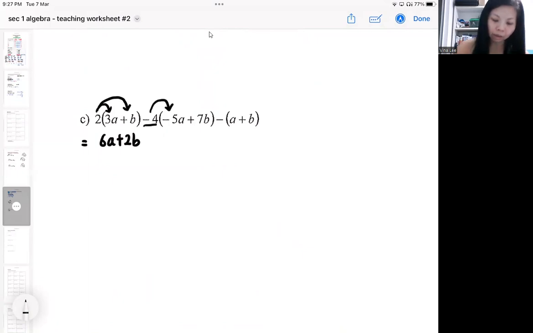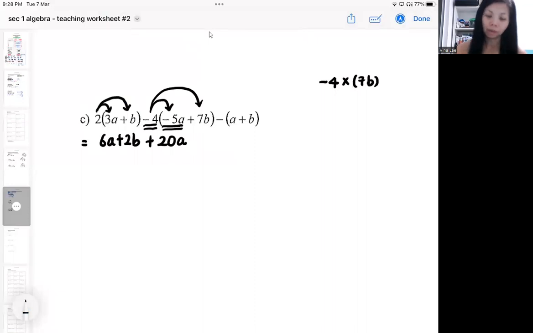So this is a negative. Negative 4 multiplied to negative 5 is a positive 20a. So you are distributing the minus 4. So I distribute minus 4 to positive 7b. I will get minus 28b.